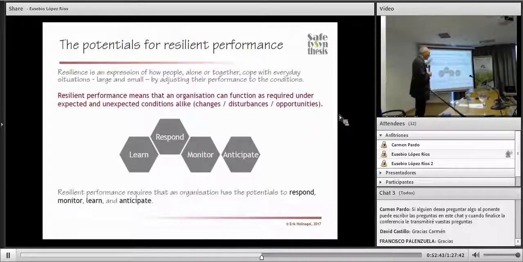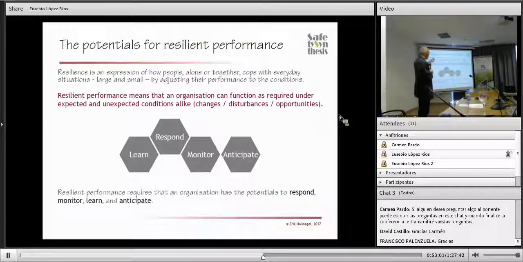Resilience itself, there have been several definitions of resilience because it has developed over time. The first meeting on resilience was in 2004. There's a meeting now again next month, but it has developed over time.